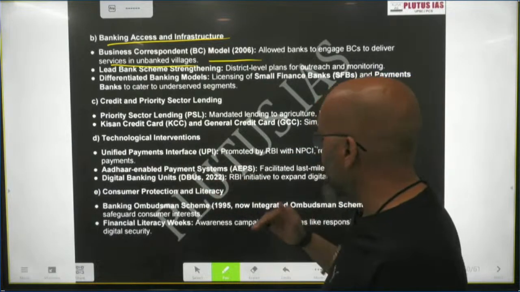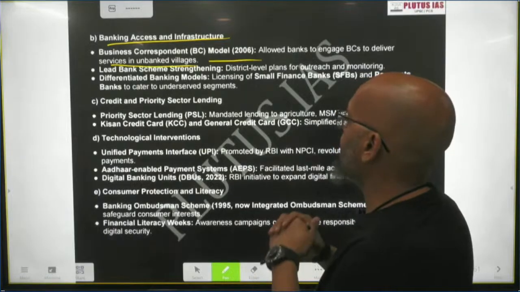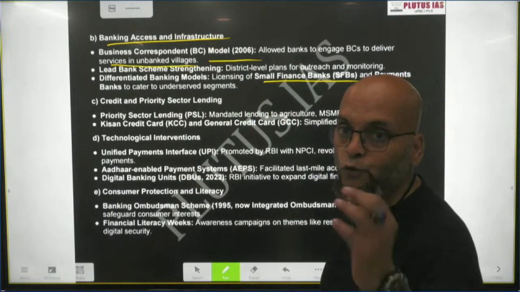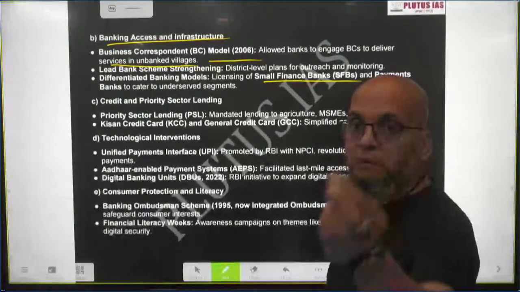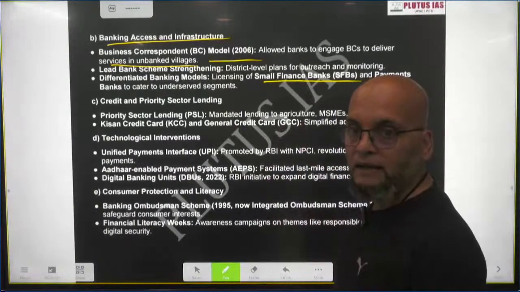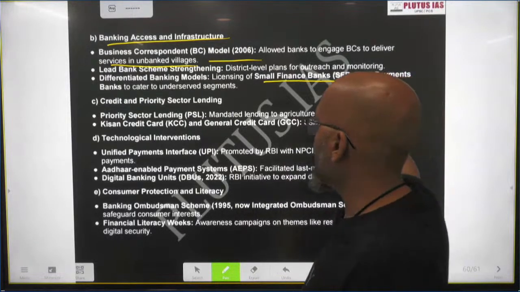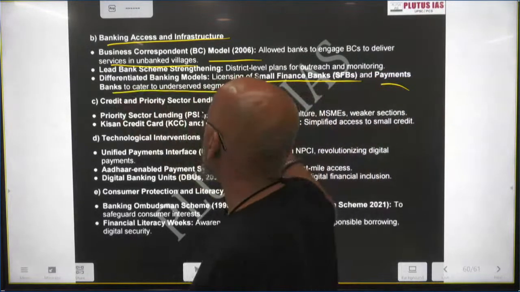So on the district level it was done. Differentiated banking models: licensing of small finance banks, AU Small Finance Bank, Bandhan Small Finance Bank. You can get small finances, 50,000, 1 lakh, 5 lakh from there. And payment banks to cater to underserved segments.